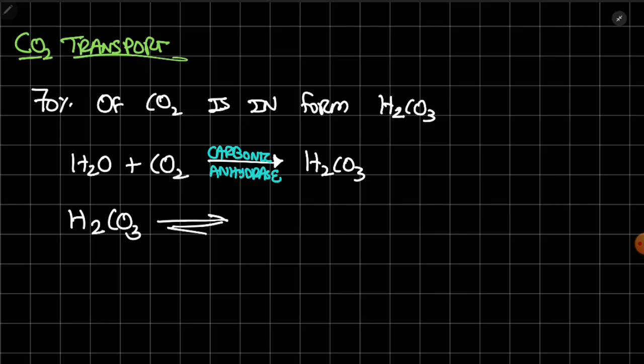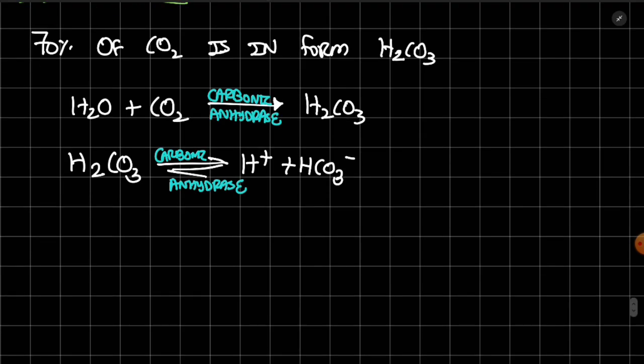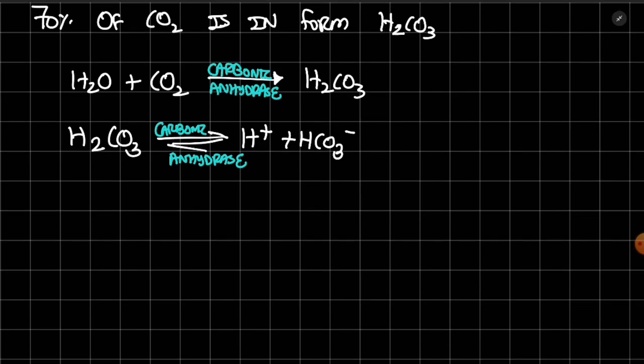It is a reversible reaction with the same enzyme, carbonic anhydrase, and it gives H+ plus HCO3-. So these were the reactions in CO2 transport. H2CO3 is the main compound to transport CO2.